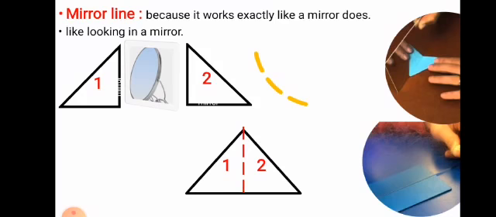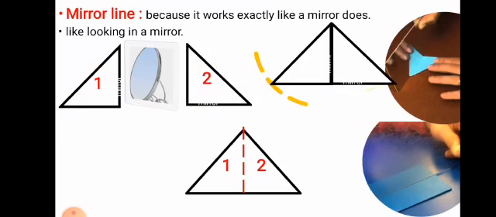The same is happening here. Here we have our shape. And because of this mirror line, we can now see side number 1 and side number 2, both of them are the same.